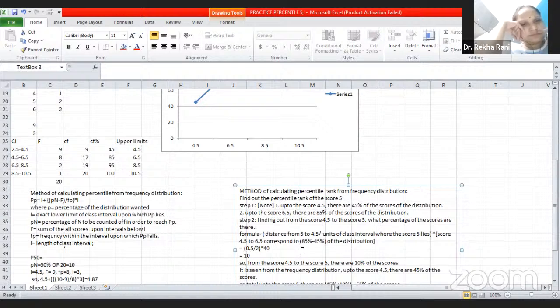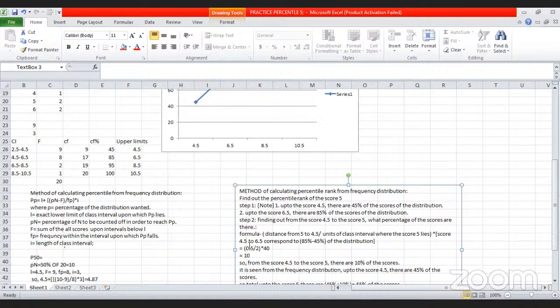Why do we need the percentage of the scores that is within 4.5 to 6.5? Up to 4.5, there is 45% of the scores. Up to 6.5, there are 85% of the scores. So within 4.5 to 6.5, there should be 85 minus 45% of the scores.